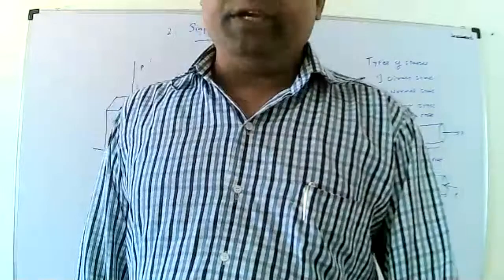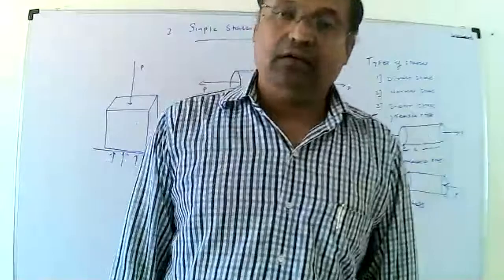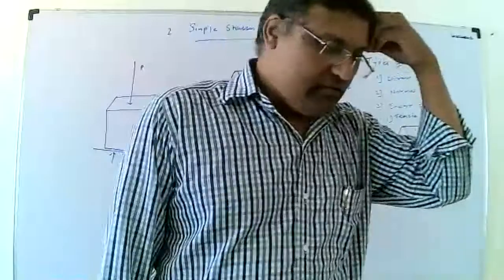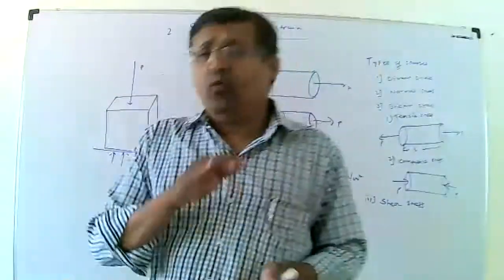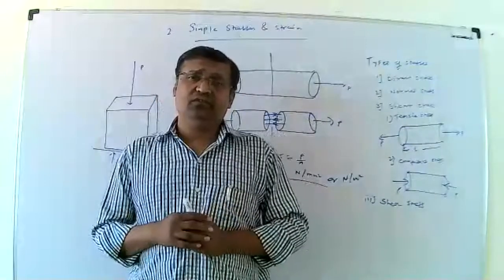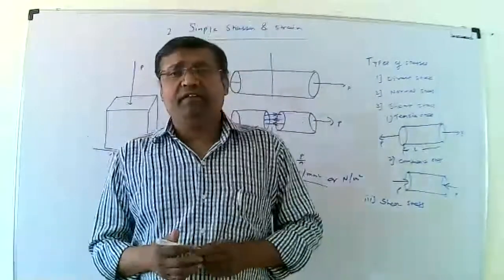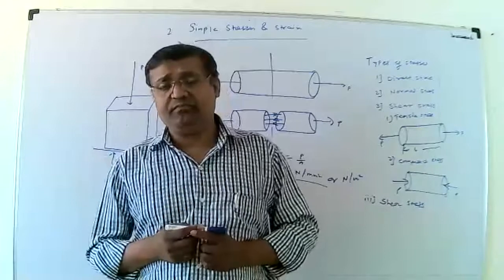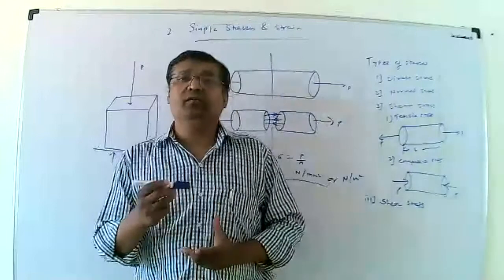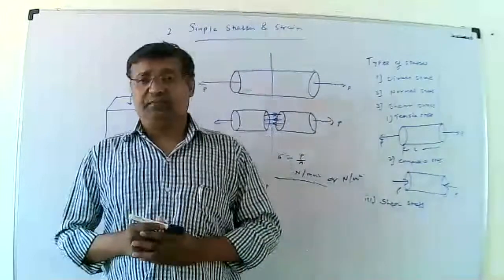Then we studied different types of stresses: direct stress, normal stress, and shear stress. Next, normal stress always acts at 90 degrees to the plane of the section of the body. Suppose a specimen is placed in a horizontal position and we pull it, so a tensile or pull force acts on the specimen.